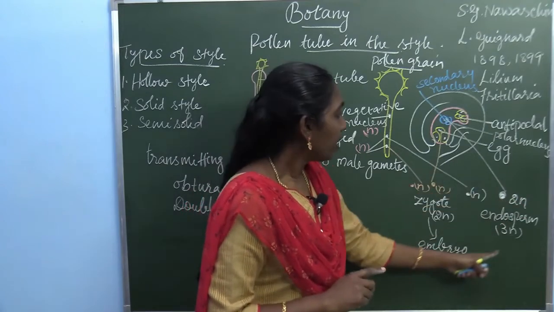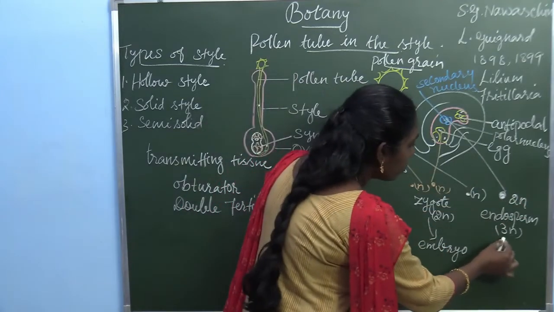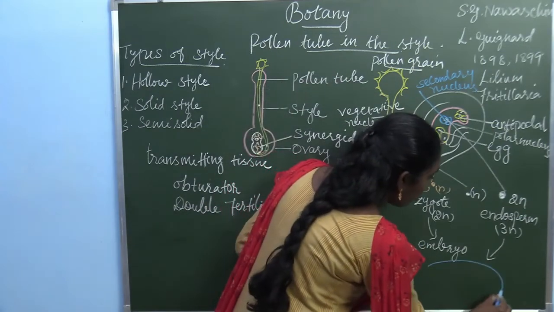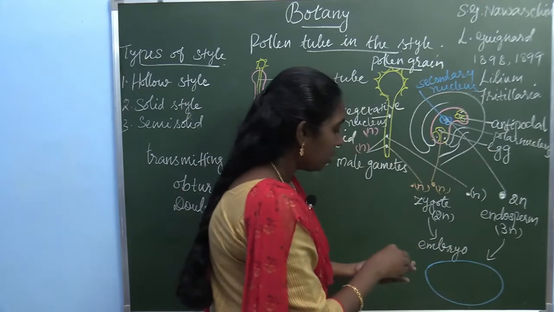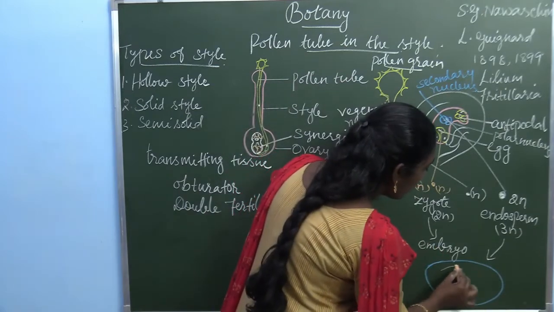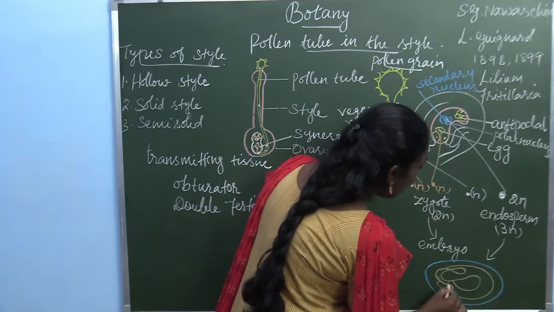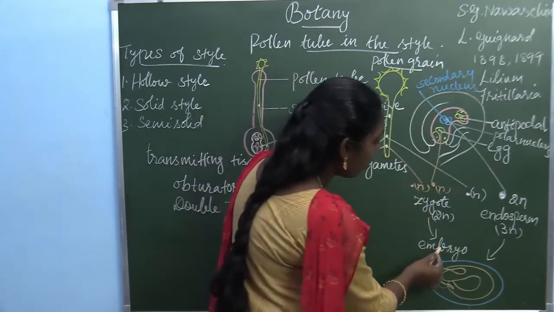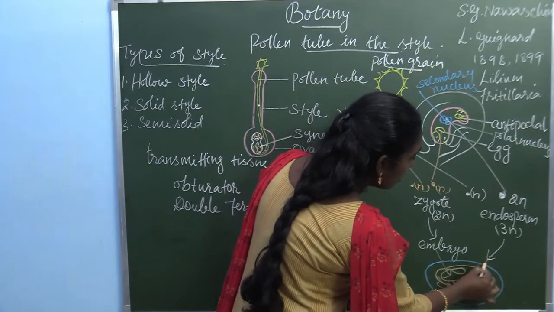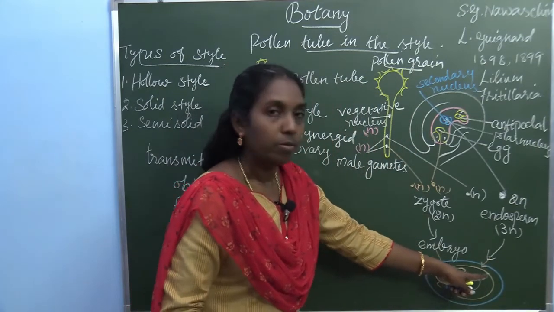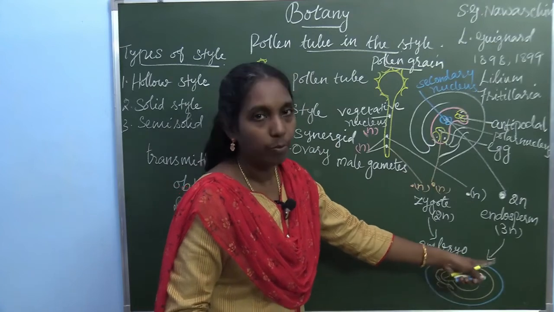So, understand it very clearly. And finally, it produces the endosperm, formation of endosperm. This is the endosperm. Inner to this, there is an embryo. So, now this is the embryo and this is the endosperm.